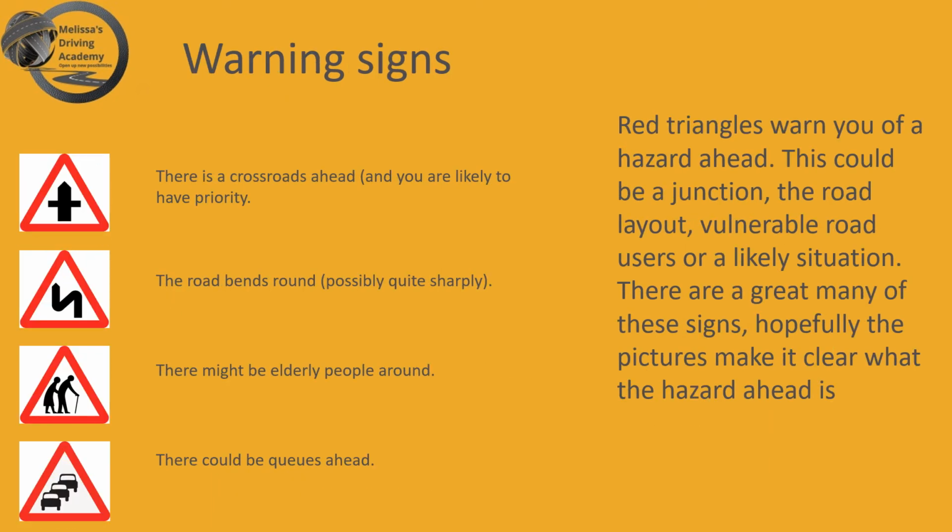Red triangular signs are warning signs. They warn you of some sort of hazard ahead. Again, there are very many of these signs, with lots of different diagrams to warn you of something. Most of the pictures should be self-explanatory, but if not, do look them up in the highway code.